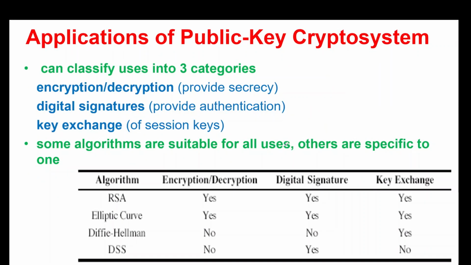The most prominent and widespread one is RSA. It's the best example of a public key crypto system. RSA is suitable for encryption and decryption, digital signature, and also key exchange, similar to elliptic curve cryptography, whereas Diffie-Hellman is only used for key exchange, and the DSS standard is only used for providing digital signatures. So these are the major types of public key crypto systems and their applications.